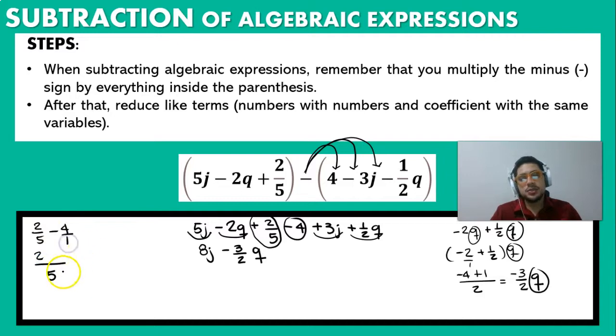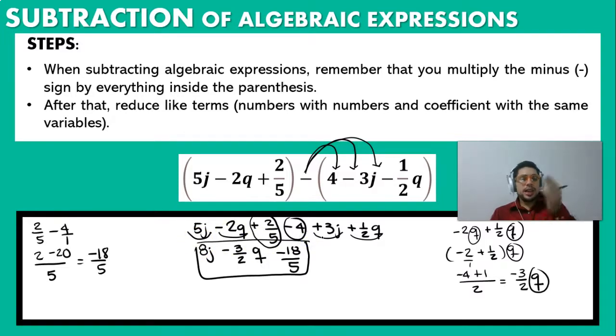And here the denominator is 1, so 5 divided by 1 is 5. And then multiplied by 4 is minus 20. So 2 minus 20 is minus 18 divided by 5. And that is going to be the number that we're going to put here. So 8j minus 3/2 q minus 18 divided by 5. So j, q, and a number, we cannot further simplify that, so that is going to be our answer.